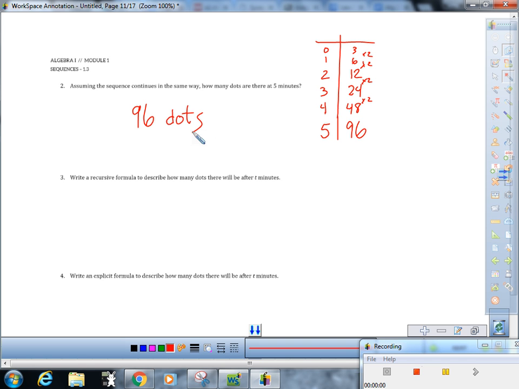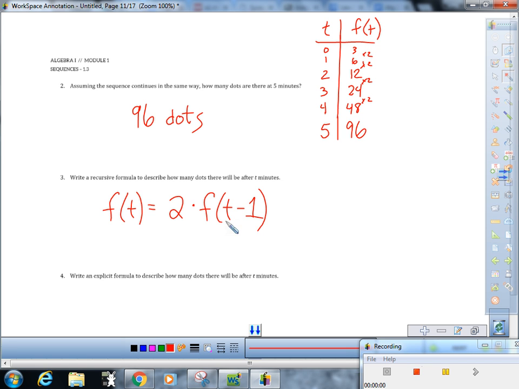Write a recursive formula to describe how many dots there will be after t minutes. Okay, a recursive formula is a formula that is based on the previous t. So, f at t minutes will be 2 times f of t minus 1.